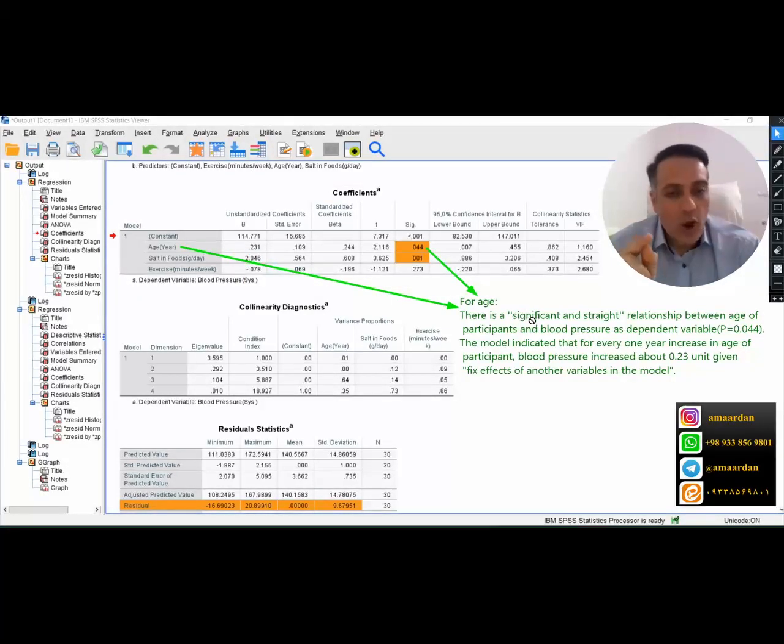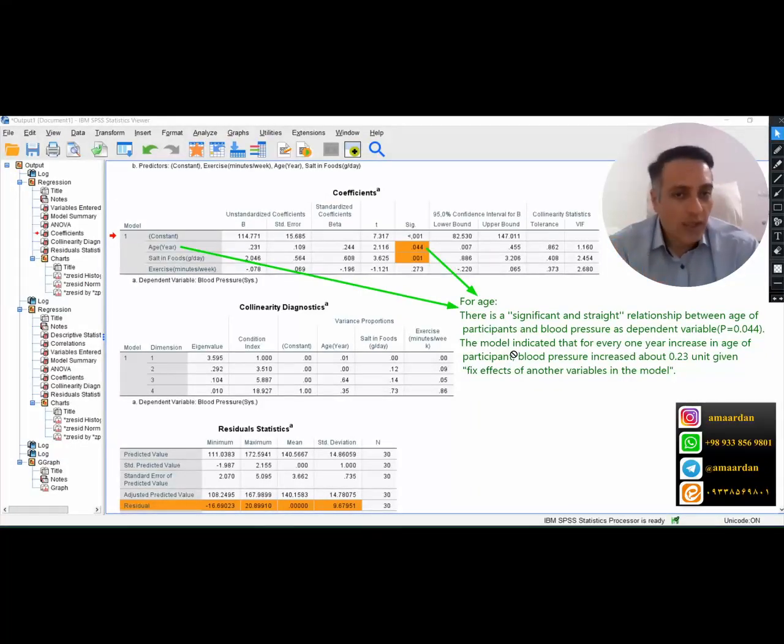Then we write that there is a significant and direct relationship between age of participants and blood pressure as the dependent variable. In parentheses, we write p equals 0.044. And we write about the interpretation of the coefficients.